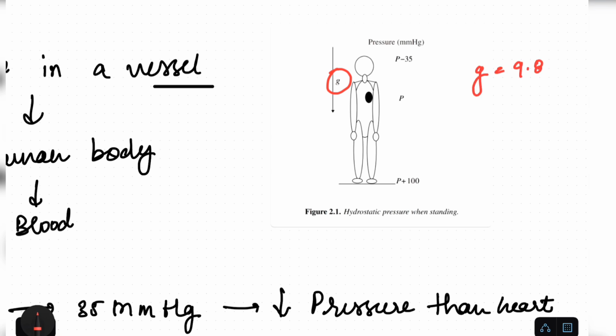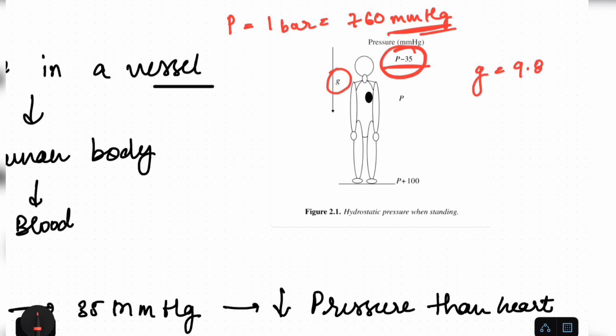We operate on a relatively low factor of safety. If we look at this picture, g is the gravitational constant, which has a value of around 9.8. It is the gravitational acceleration, which keeps the person down. Now if we take the pressure at the skull, it is P minus 35. We know that atmospheric pressure is 1 bar, which equals 760 mmHg.